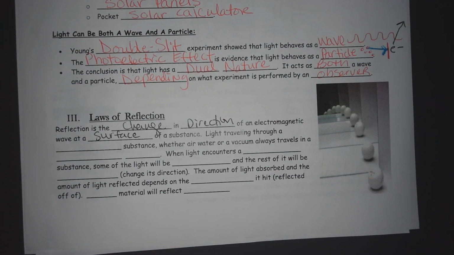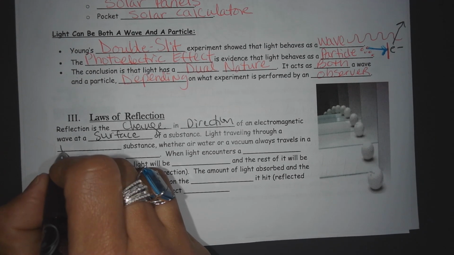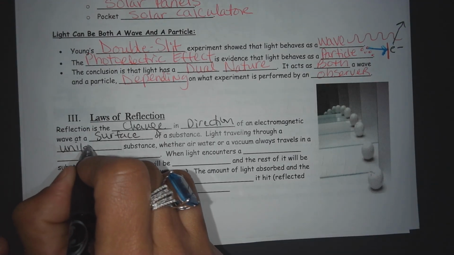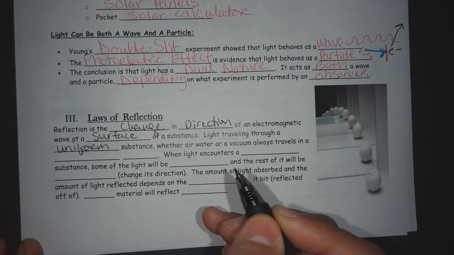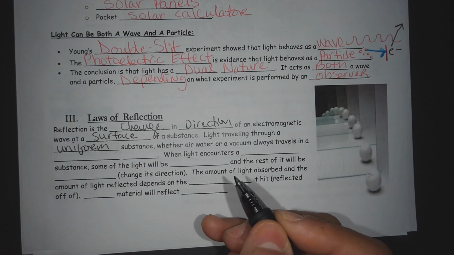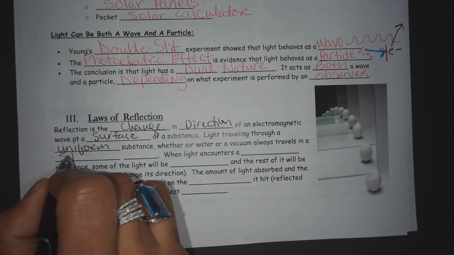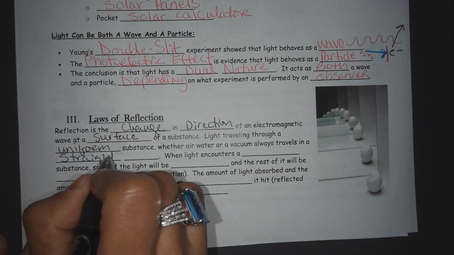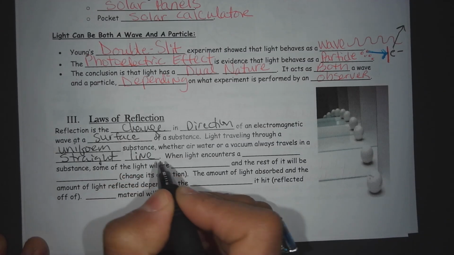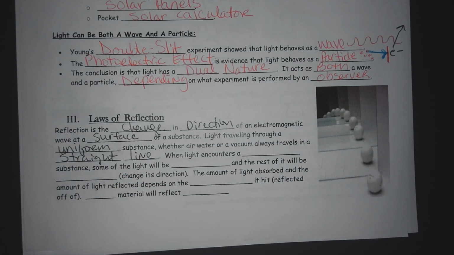This light is traveling, it says here, through a uniform substance, whether it's air, water, or vacuum, and it always travels in a straight line. I can't say that enough. Light doesn't just swerve and zigzag.